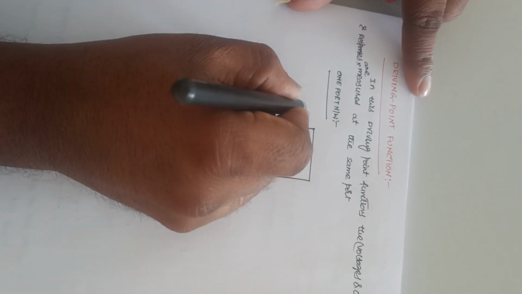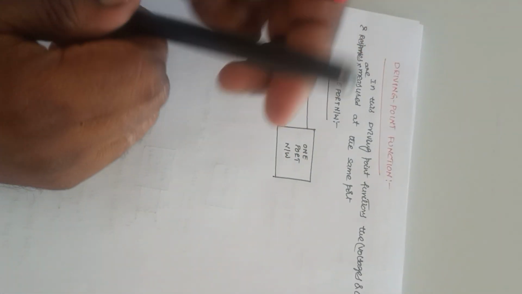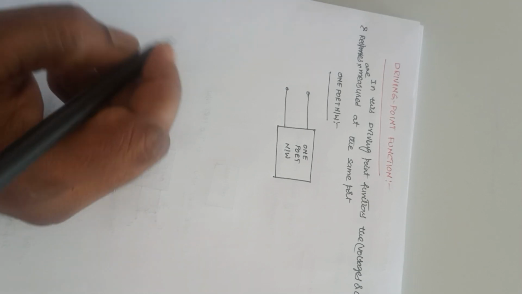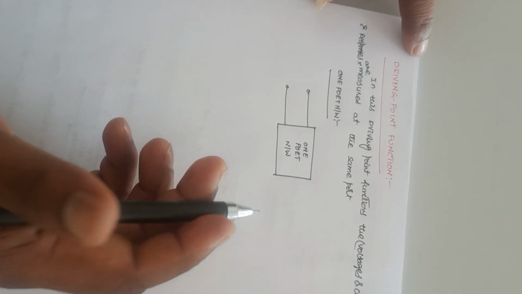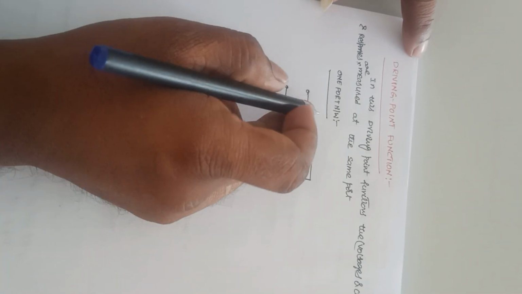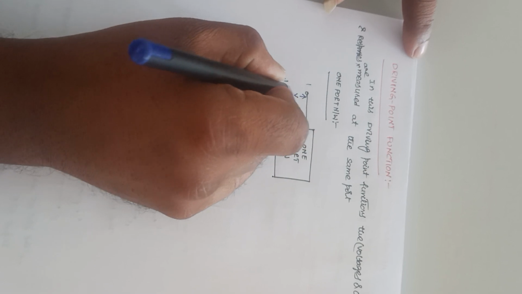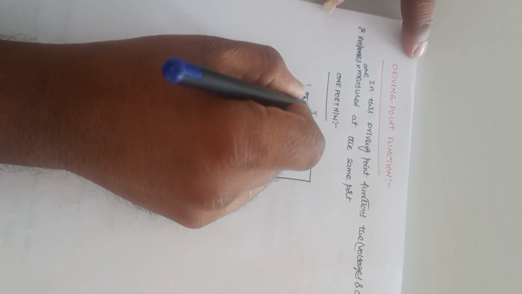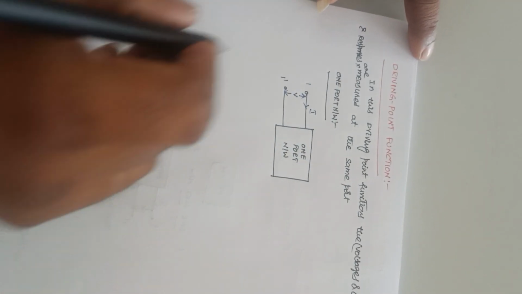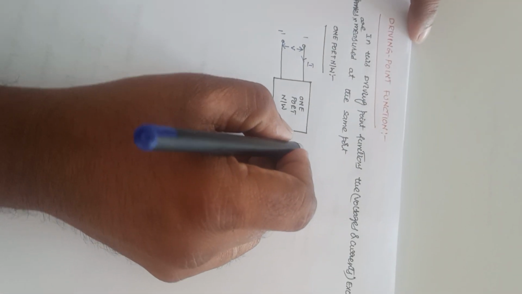In this one port network, the driving point function relates the voltages or currents at the same port. That means it is 1 dash, and the voltage here is V, and the current that is flowing through this is I.